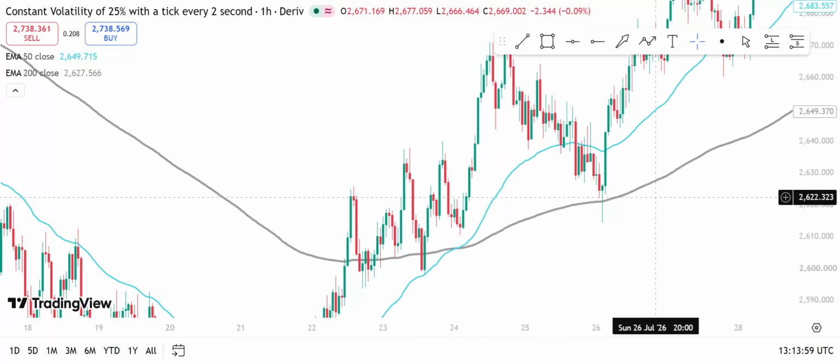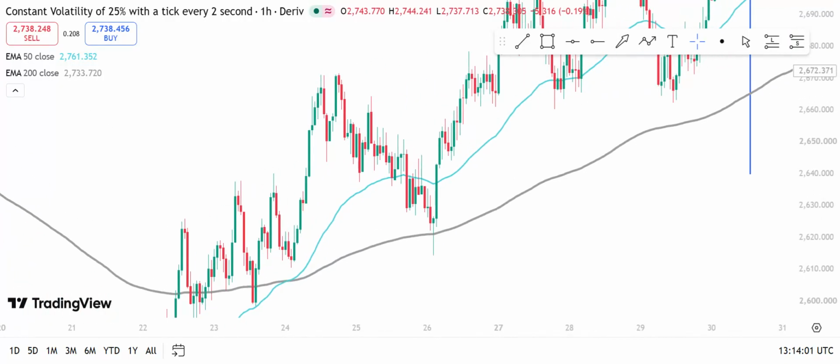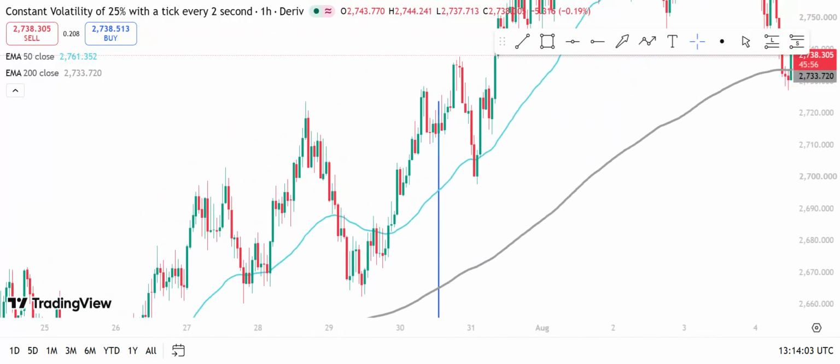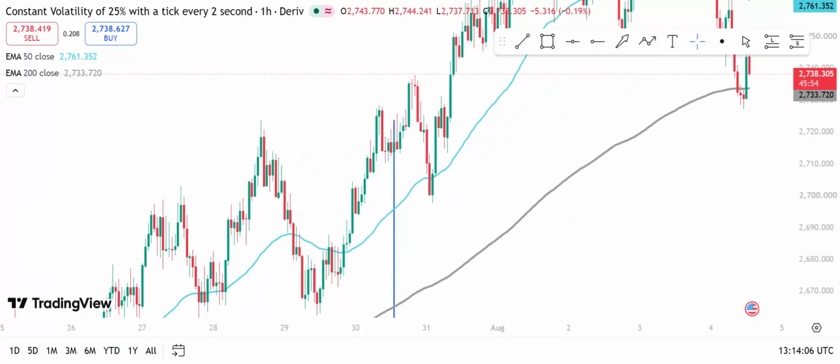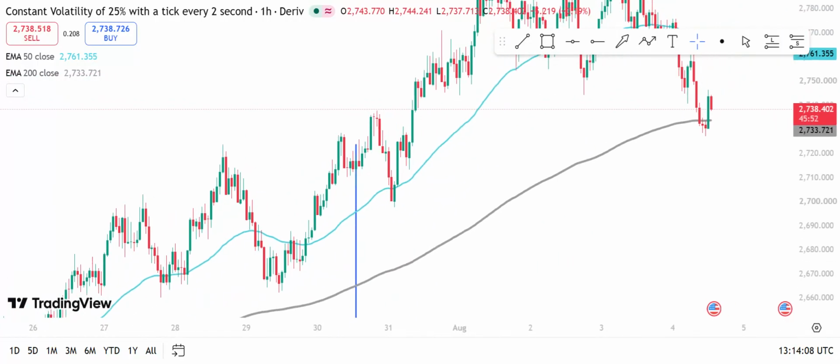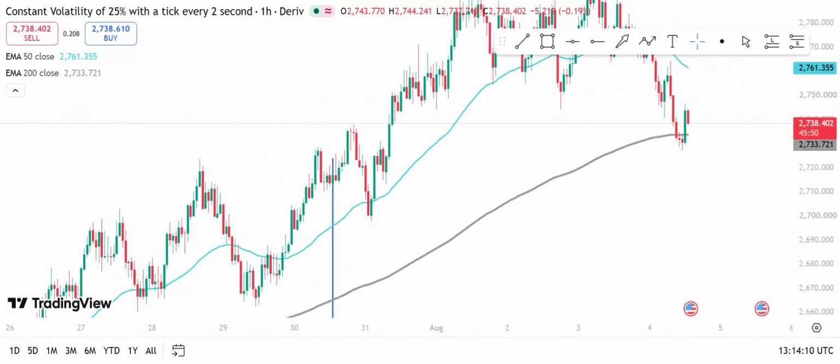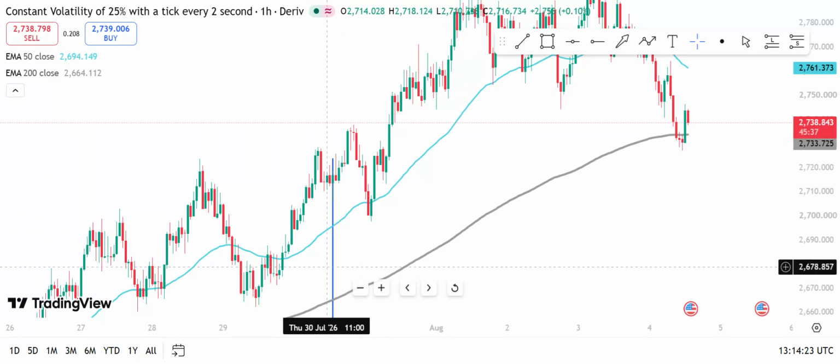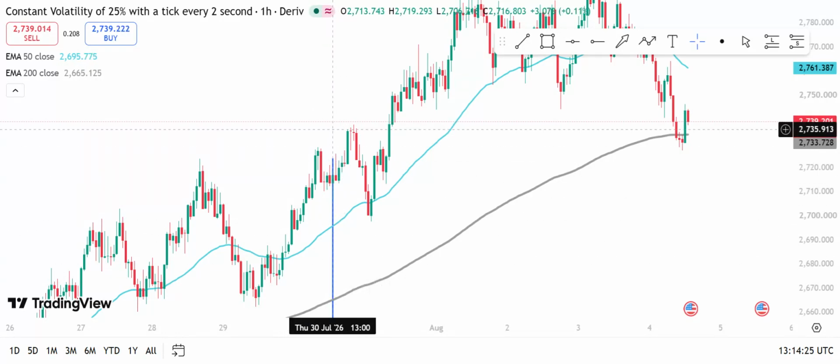We still want to deal with our 4 hours. Remember, you can go from your higher time frame being your 4 hour time frame or your 1 hour time frame, it depends, but right now I'm using my 4 hour time frame. So after the cross has happened on 4 hours, we first have to wait on the lower time frame, which is our 1 hour time frame.